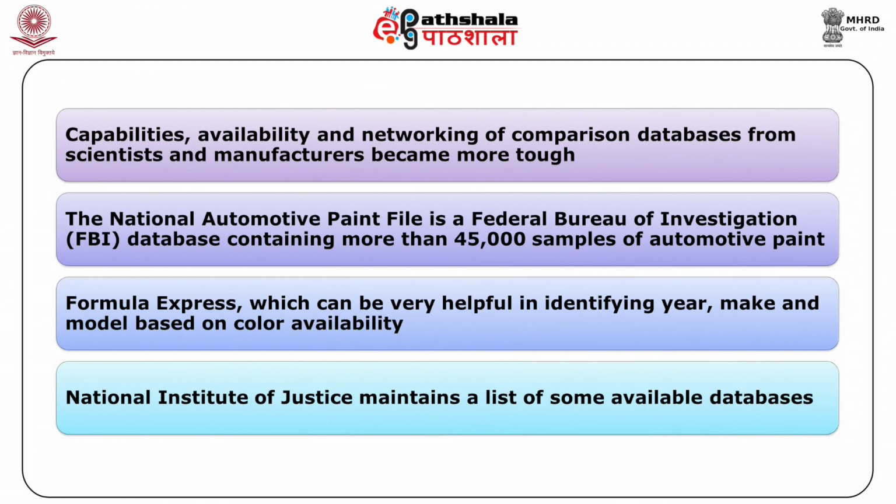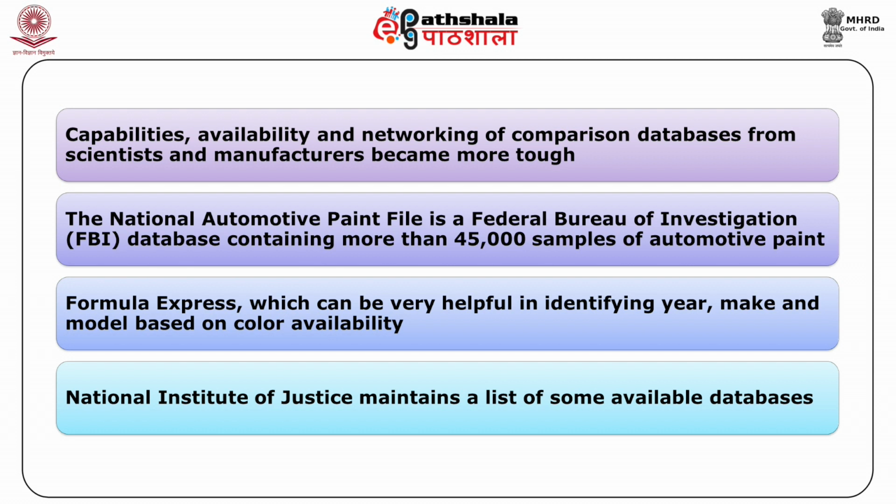As the capabilities, availability, and networking of comparison databases from scientists and manufacturers became more robust, samples of items such as paint, glass, and even soil could be compared against known standards to provide solid and consistent classifications.